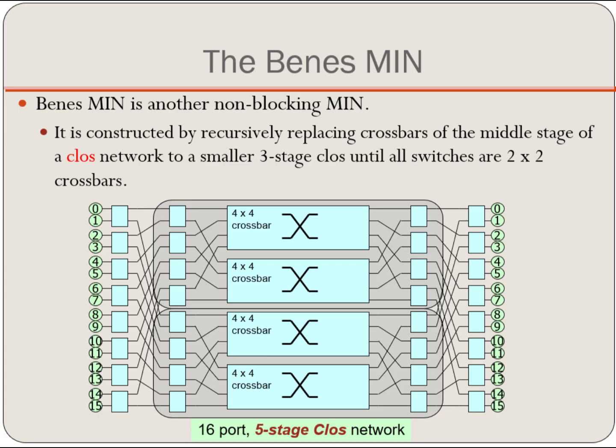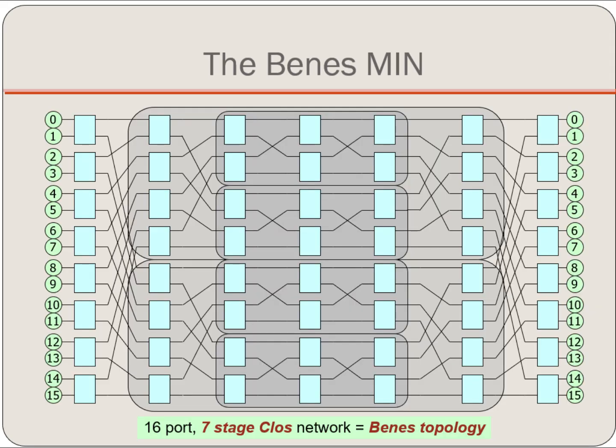Then we can apply the same mechanism recursively to these four 2x2 crossbars, and it becomes something like this. Eventually all the switching units are 2x2 crossbars, and the non-blocking property is still preserved.